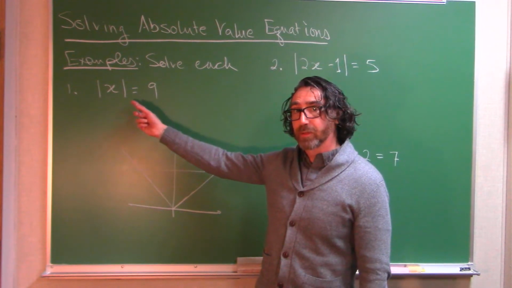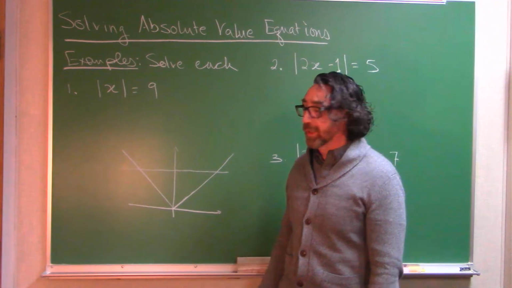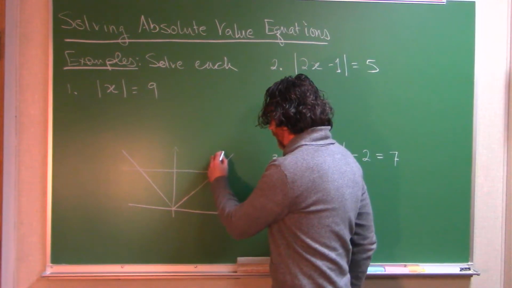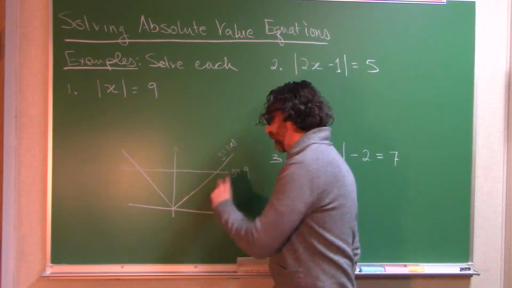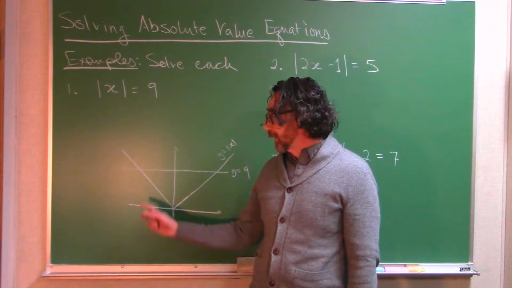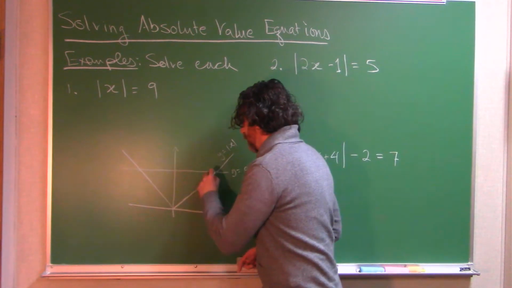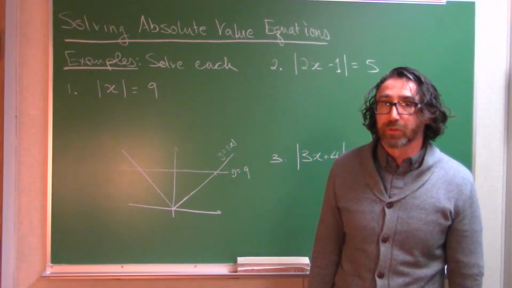So solving this absolute value equation, absolute x equals 9, can be rephrased as figuring out where the graph y equals absolute x intersects the graph y equals 9. And since this graph is V-shaped, we can see that there are two places that the graphs intersect.